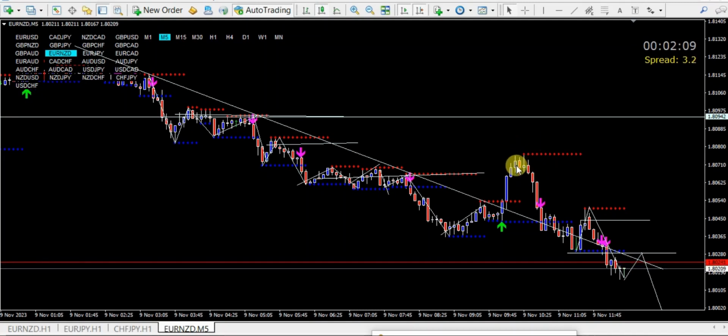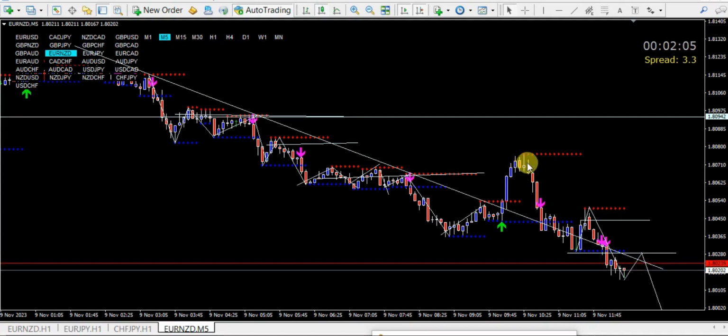This candle is a rejected candle, it could not go further. You can see that the buyers had already brought the price up to this resistance level, and then the sellers pull it down.